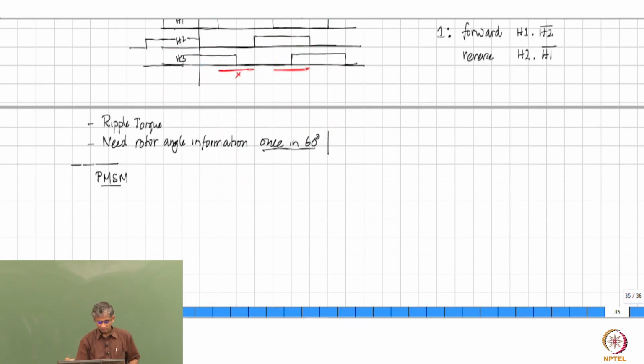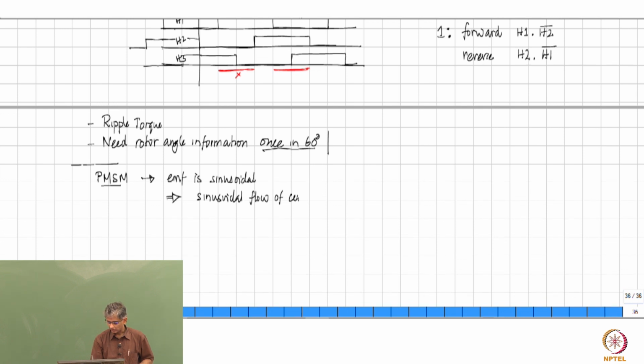So the EMF is sinusoidal, which then means that you need to allow sinusoidal flow of current into the motor. It is necessary.